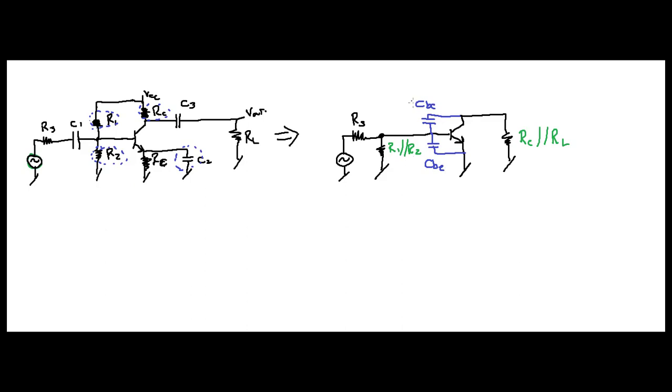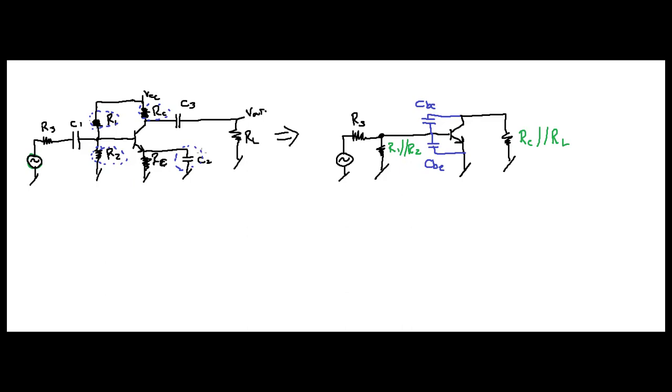So this is your collector base capacitance, and this is your base emitter capacitance, all right? And this is obviously from your base to emitter. Now, these are device capacitances. They're in the picofarads, and you would have to look at the data sheet. But at high frequencies, these things start to matter, okay?